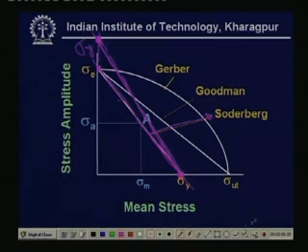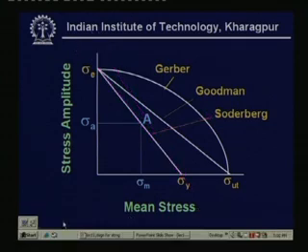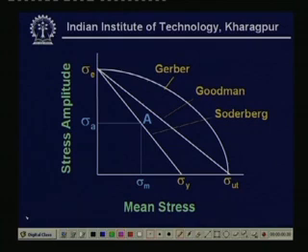Now, let us take up the other line. Here you can see the points are sigma ultimate and sigma endurance.